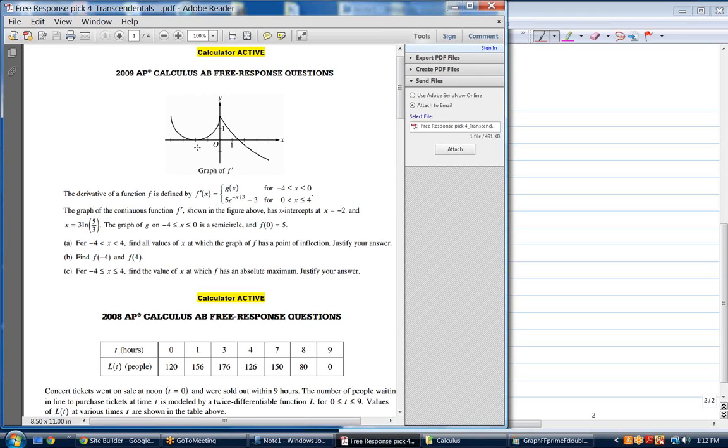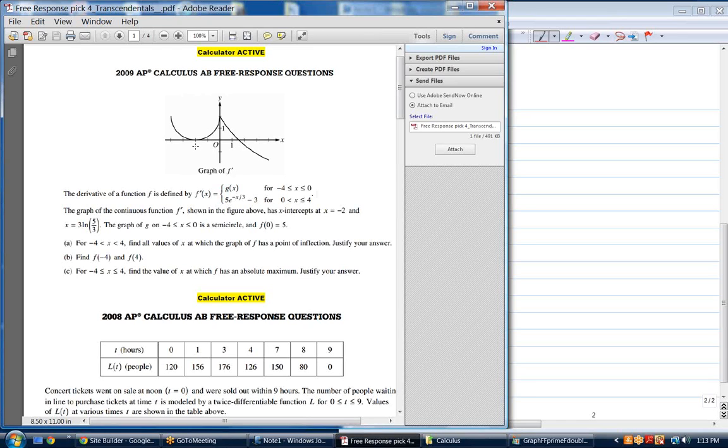And perhaps, I'd have to check my textbook, but perhaps points of inflection are also where the second derivative is undefined. So there might even be a point of inflection here. I don't honestly know. But for sure we have a point of inflection right there at minus 2, 0.